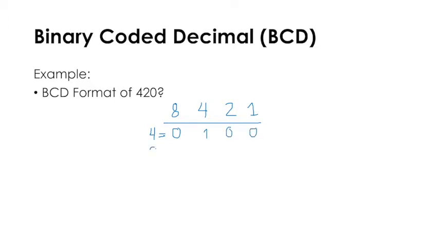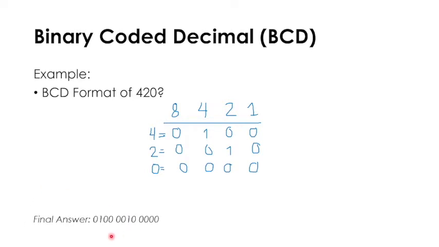The next digit is 2. So we have 0, 0, 1, 0. And the last digit is simply 0, so we do not need to add anything. So it will be 0, 0, 0, 0. So the final answer will be this one.